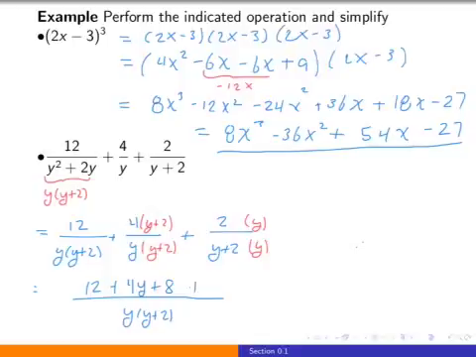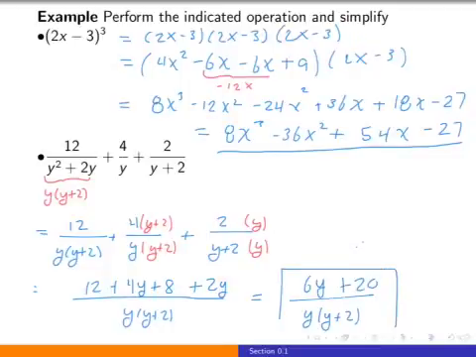And the numerator in the third term is 2y. And our last step here is to simply combine the like terms in the top. 4y plus 2y is 6y, and 12 plus 8 is 20, which leaves us with the simplified version that we are looking for.